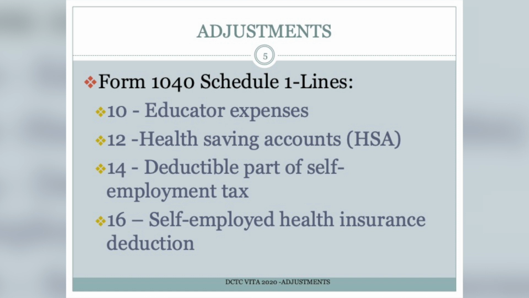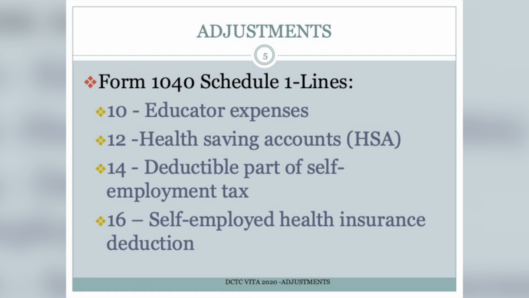Line 10, educator expenses, are available to qualified educators. Check out Publication 4012, page E-4. The chart on page E-4 identifies the maximum benefit dollar amount, who the qualified educators are, as well as what the qualified expenses cover.